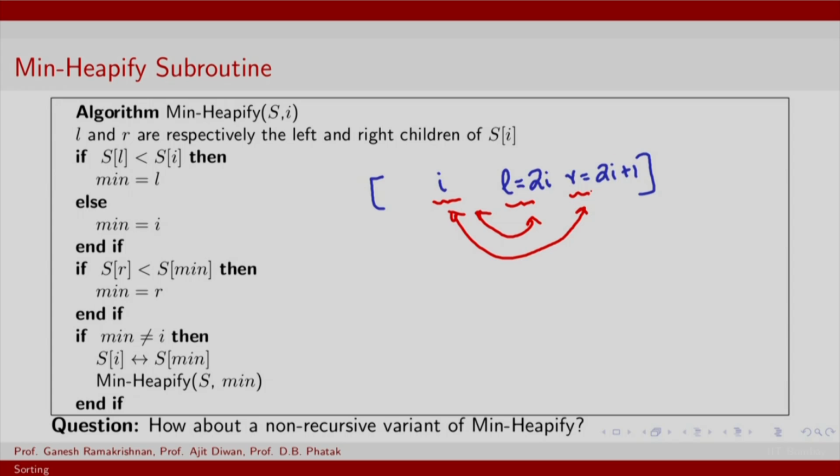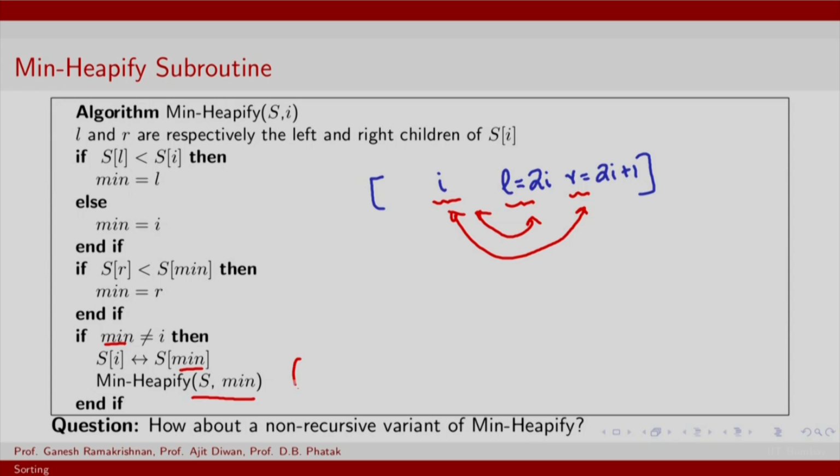a min heap structure. So once you have found a minimum element, check if that min element is i. If it is not i, then what you need to do is replace the L with an i or R with an i corresponding to which of them turned out to be minimum, and that we are keeping track of through min. So S i is swapped with S min, whichever of these is, and thereafter you again call min heapify on S min.